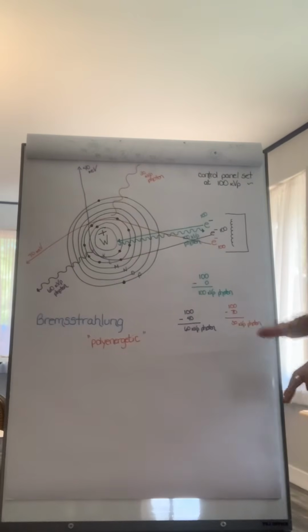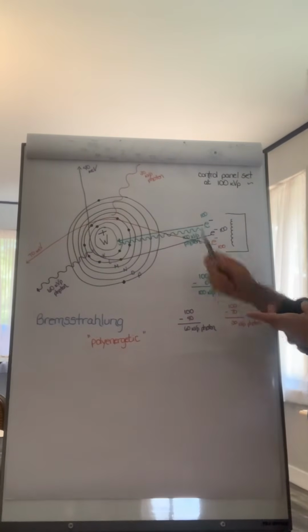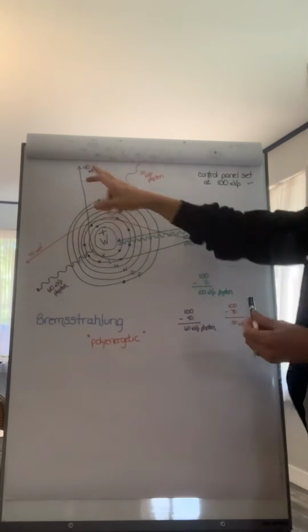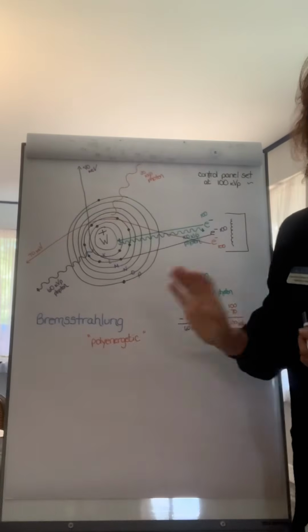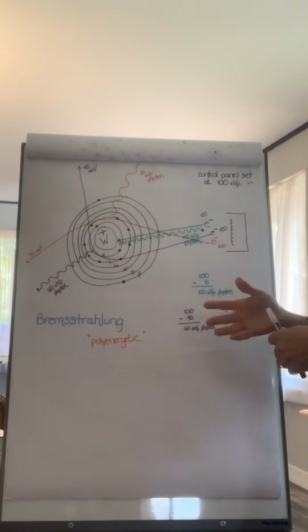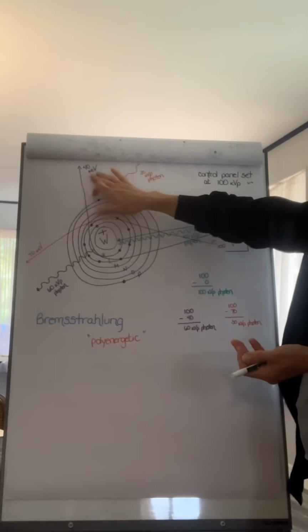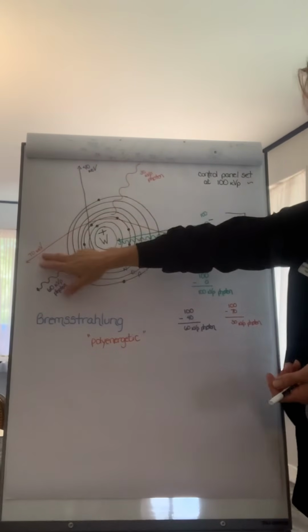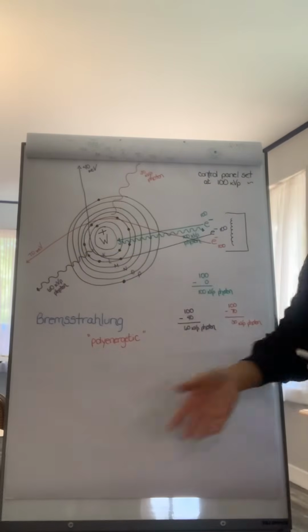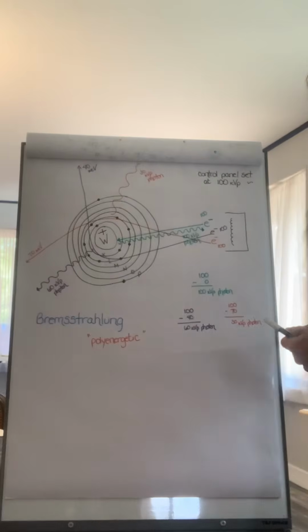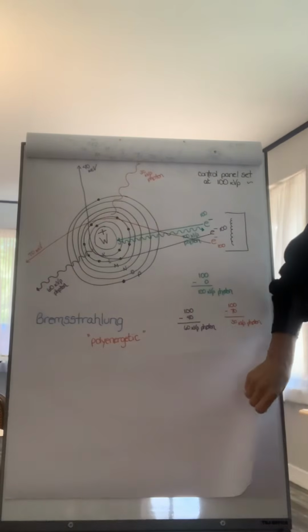Remember, millions of billions of interactions are taking place simultaneously, until the exposure ends or they run out of energy, like this electron no longer exists. These electrons still exist, so they can still cause more and more interactions. This could cause heat. It could knock out L, M, N, O or P and cause an interaction. This could knock out K shell and cause a characteristic interaction. So it keeps going. That is Bremsstrahlung.